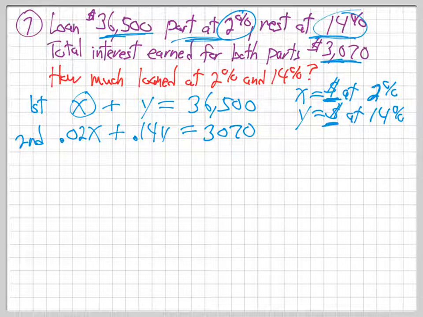We've learned how to solve two equations with two letters a couple of different ways. We've used both the addition method and the substitution method. So either one's fine. I'm probably just going to take this top equation and multiply through by minus 0.02.